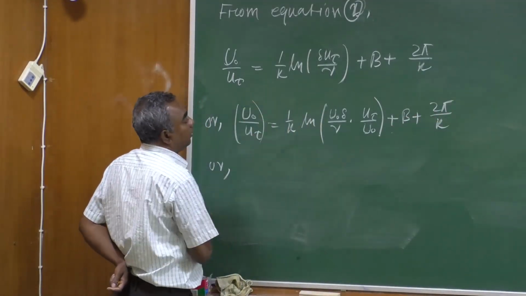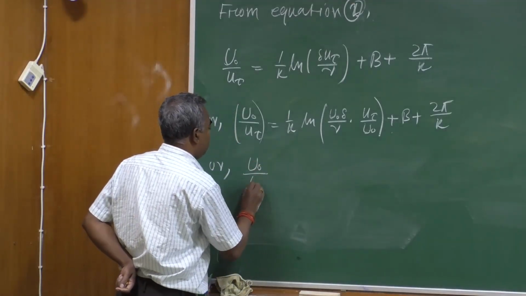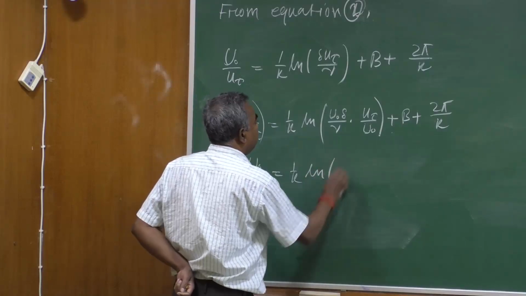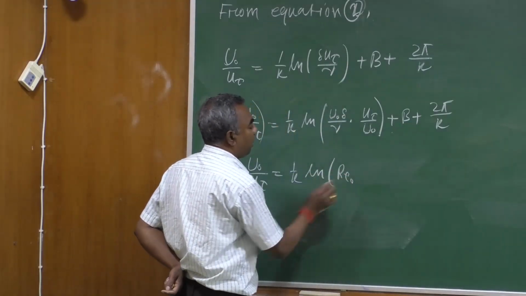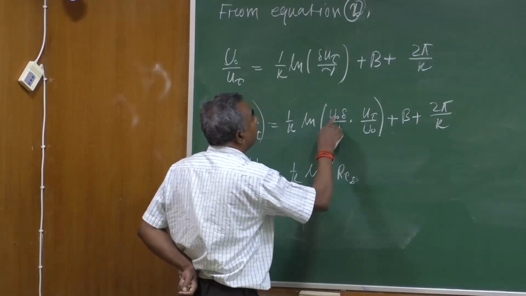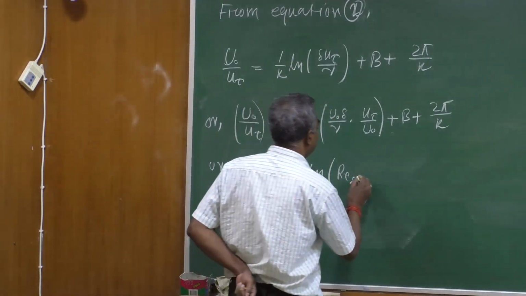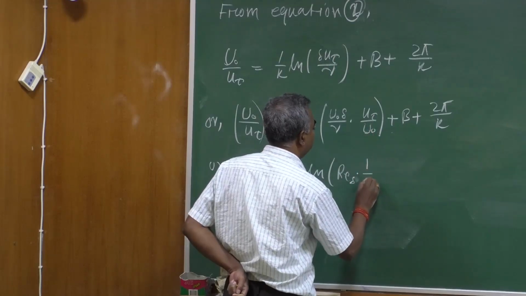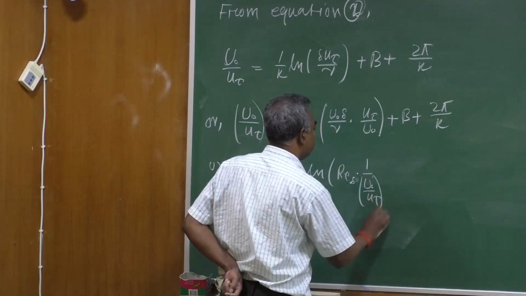Now this particular equation, let me do one more line. So, ln, this is what? This is some Reynolds number, Re delta, u naught in this sense velocity in the free stream, into this, which is nothing but u naught by u tau, right.